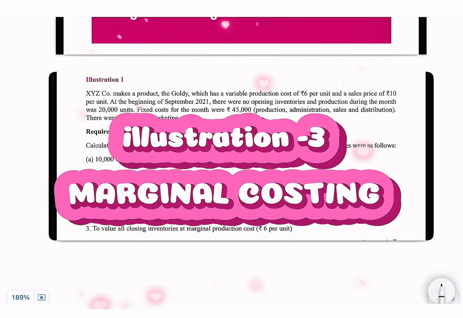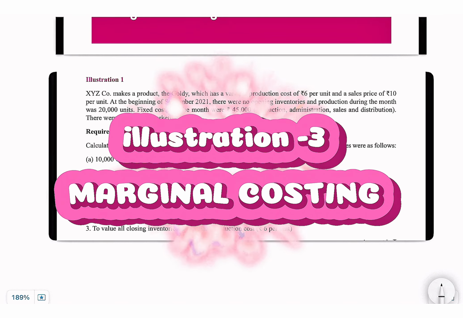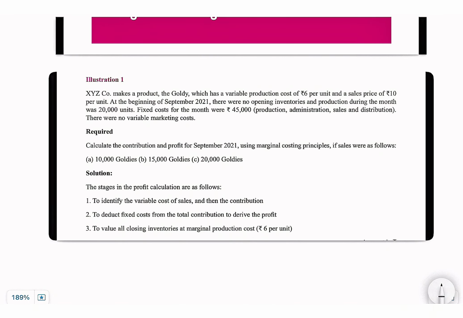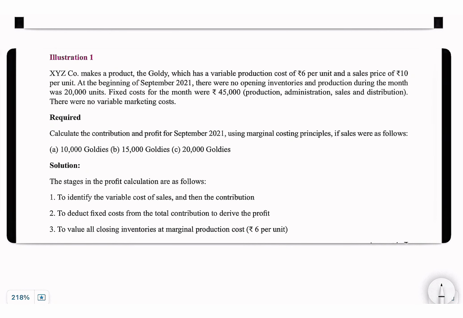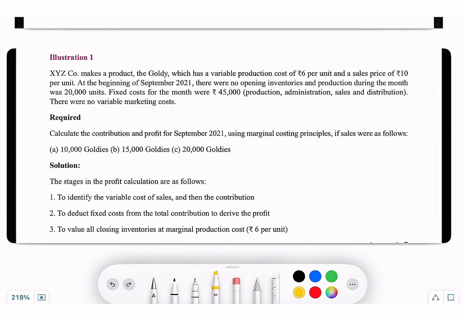Okay, let's see. XYZ company makes the product Goldie, which has a variable production cost of 6 per unit, and the sale price is 10.